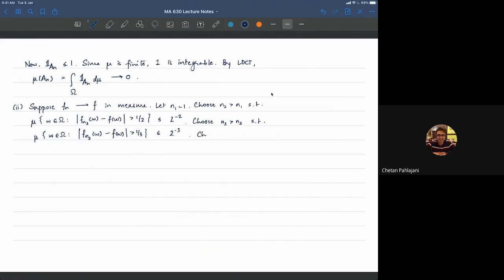Then choose n4 greater than n3 such that μ of the set of all ω in Ω such that |fn4(ω) − f(ω)| > 1/4 is less than or equal to 2^(−4).